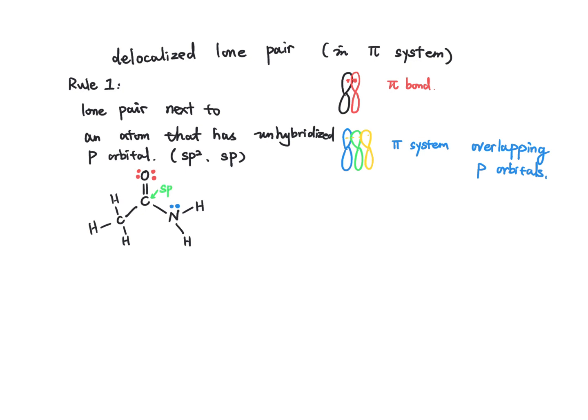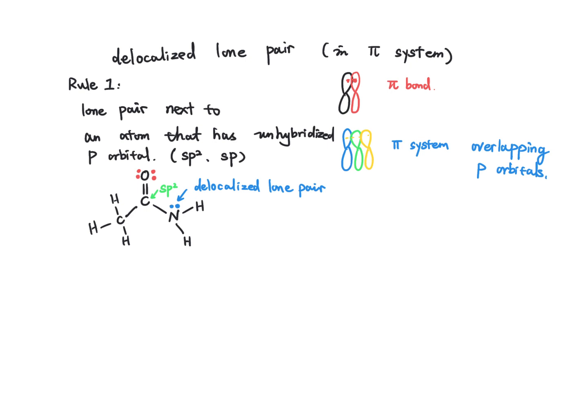This carbon is sp2. What does that mean? That means this carbon has an unhybridized p orbital, which was used to form one of these pi bonds. So in this case, this lone pair, highlighted in blue, is a delocalized lone pair. In other words, this lone pair can move around through the pi system.